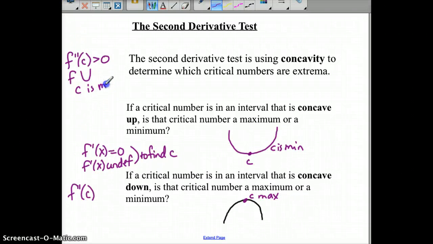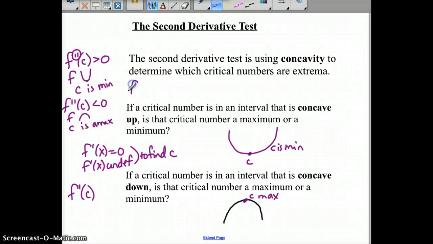So if your second derivative is positive when you plug in your critical number, then that critical number is a minimum. It's kind of opposite of our intuition. Remember that second derivative stands for concavity, so our graph is concave up and C is a minimum. If our second derivative is negative, that means our graph is concave down, so that C is a maximum.